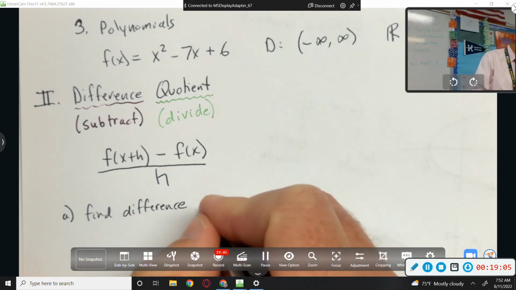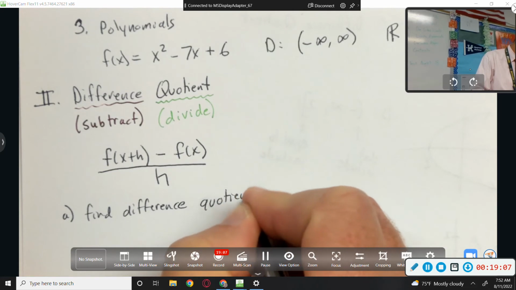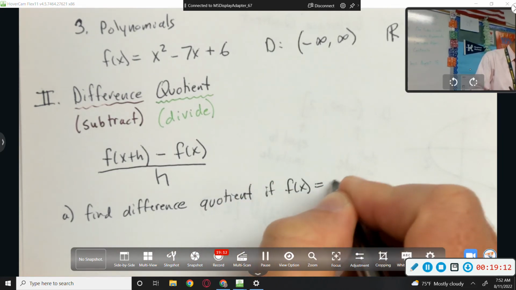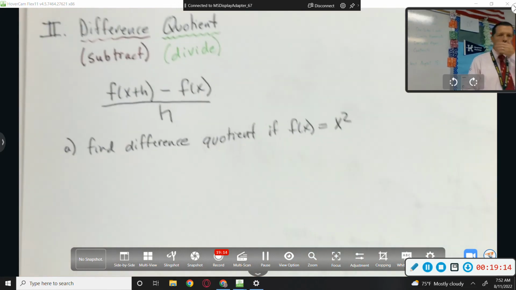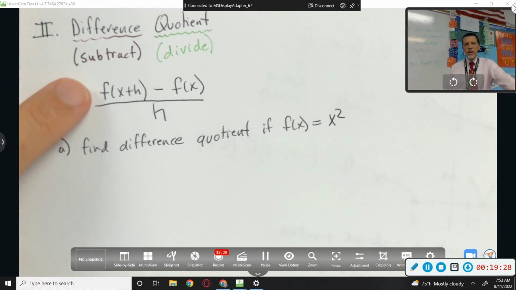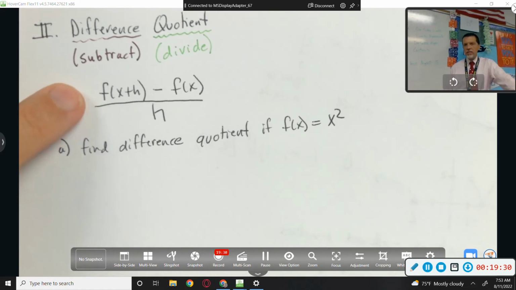Let's find the difference quotient if f of x equals x squared. Pause for a second. Big picture, this is the only new thing in this section, this formula, but we're going to give you the formula.